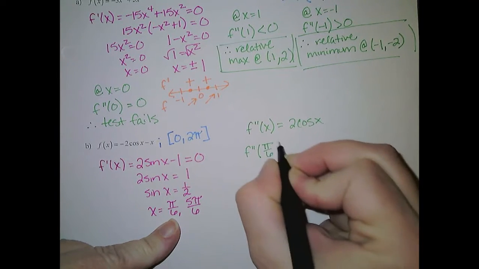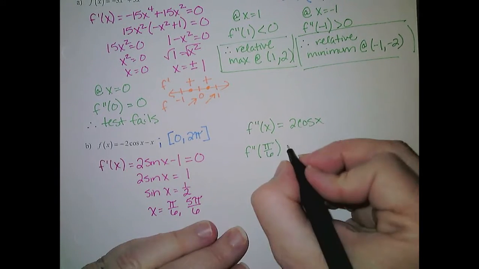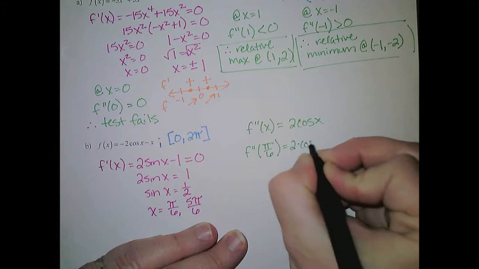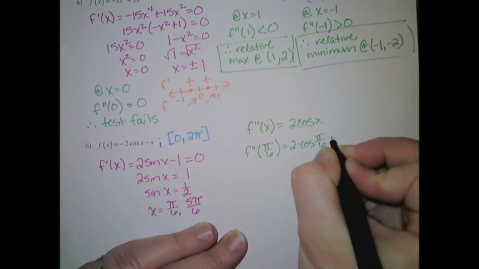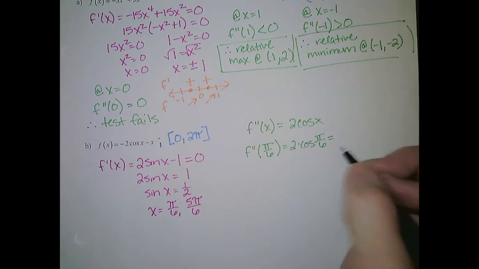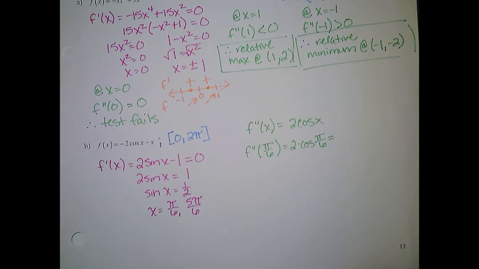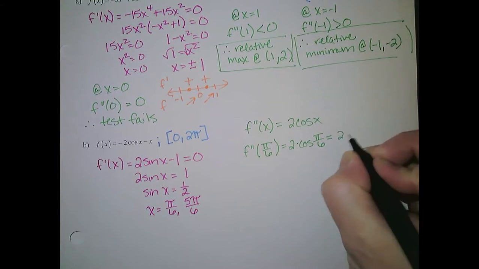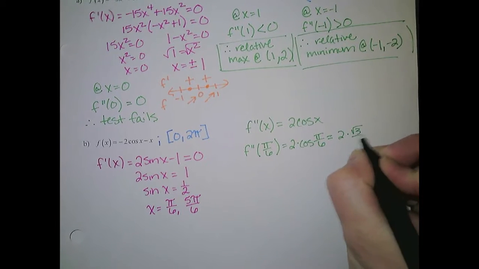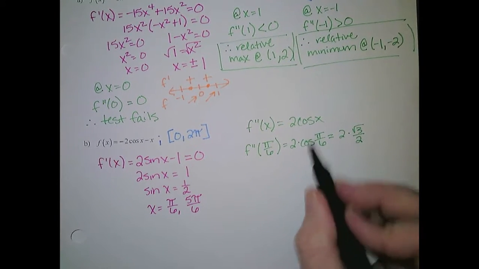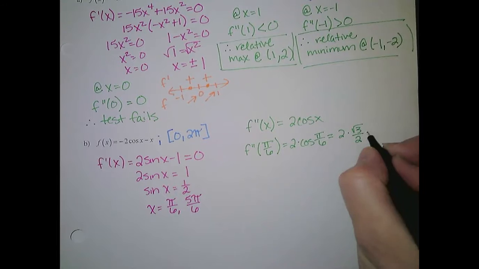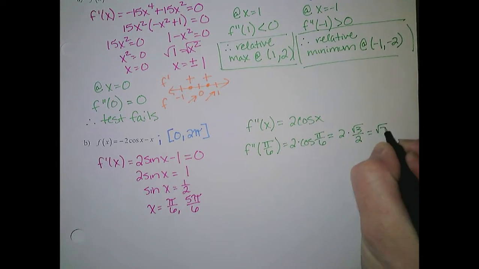So the second derivative at pi over 6 is 2 times cosine of pi over 6. And again, we don't necessarily have to have the exact value. We just need to know if it's positive or negative. In this case, though, it's pretty easy to find the exact value. Cosine of pi over 6 is positive, so we're going to get a positive value.